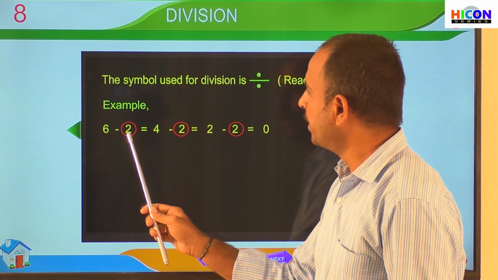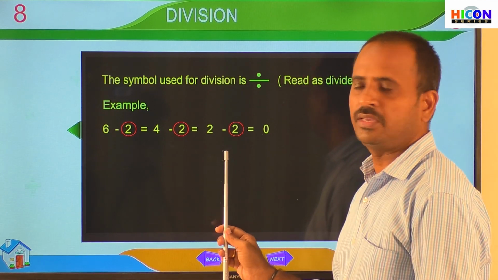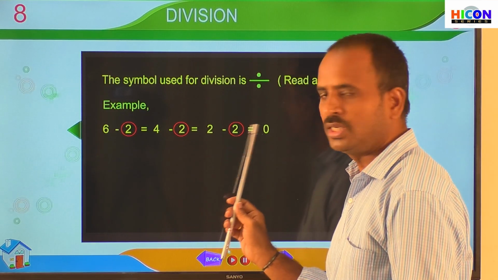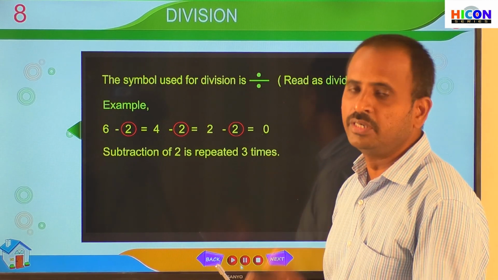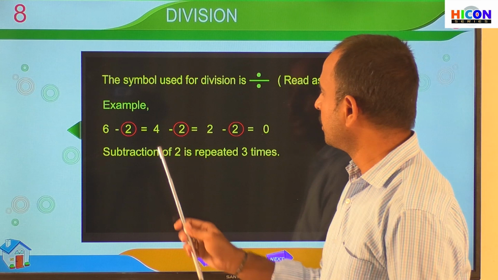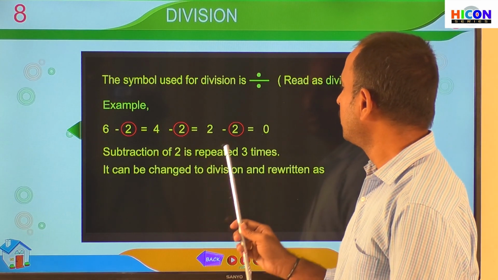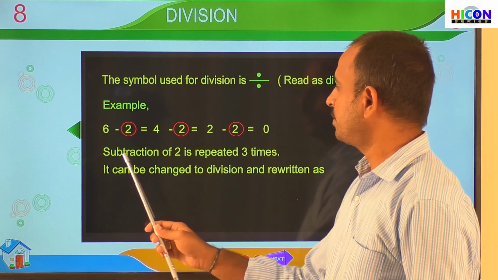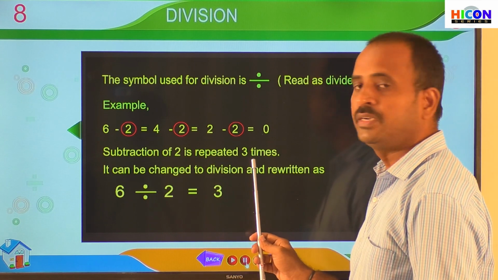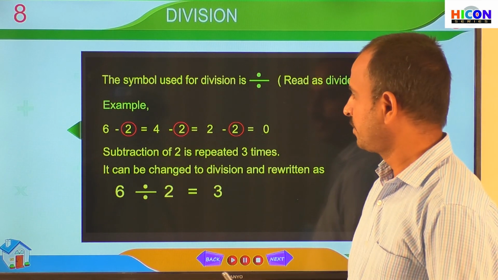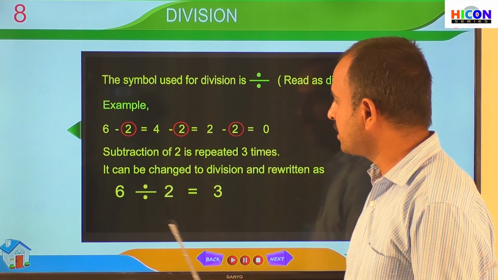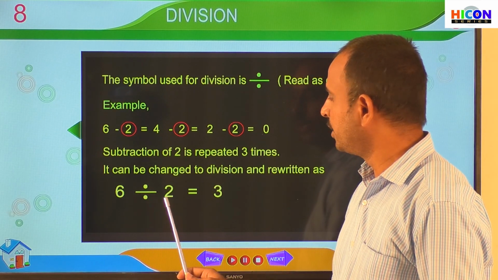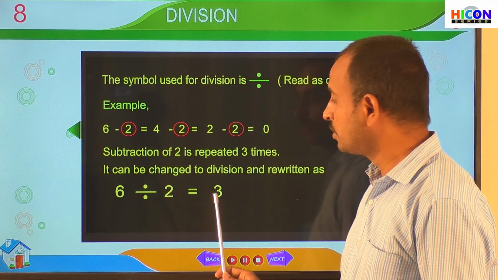So children, how many times is the number 2 subtracted here? It is 1, 2, 3. So the number 2 is subtracted repeatedly 3 times. This repeated subtraction is called division. The subtraction of 2 repeated 3 times can be changed into division and rewritten as 6 divided by 2 is equal to 3.